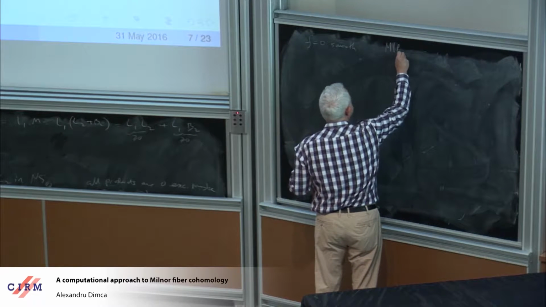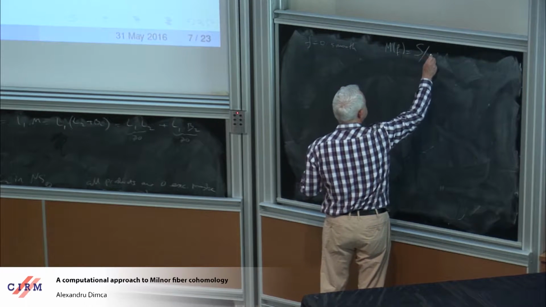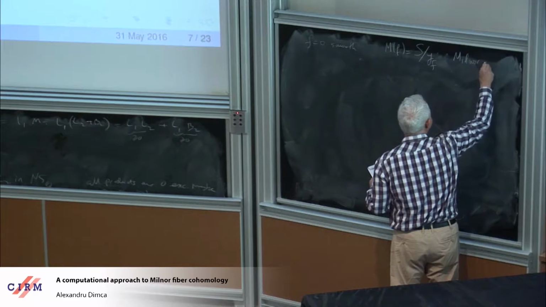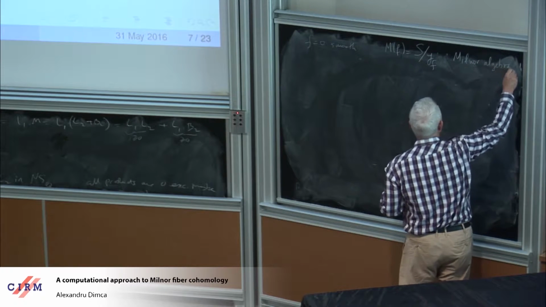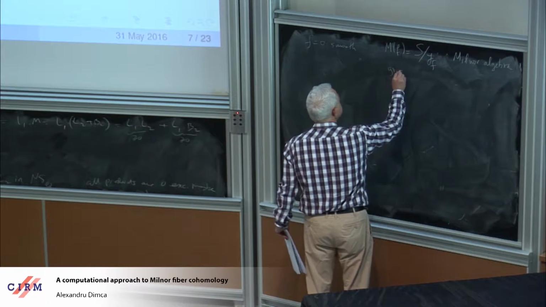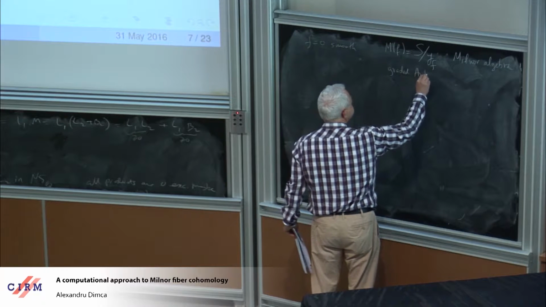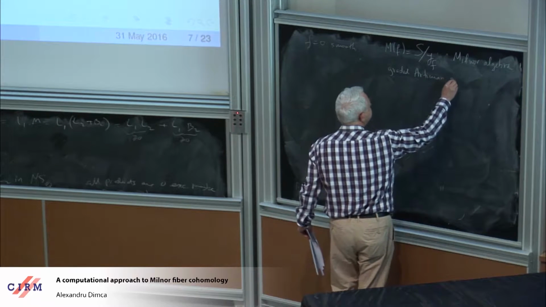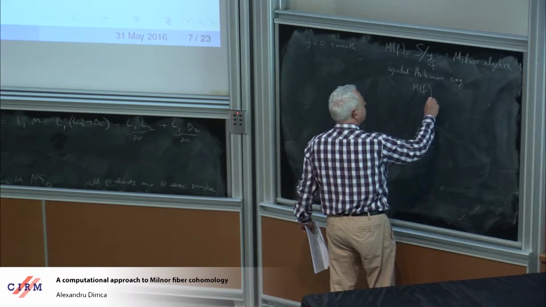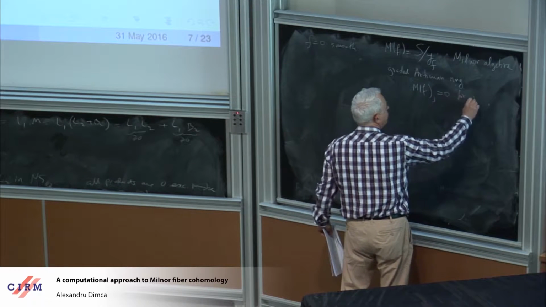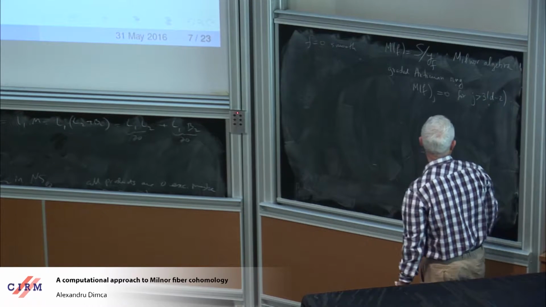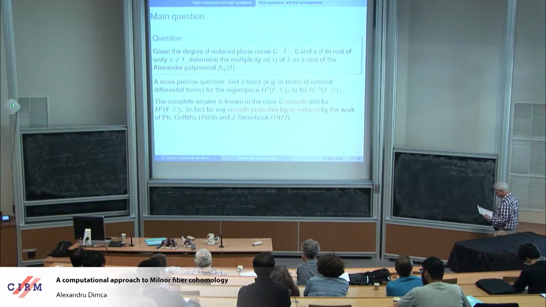I look at a quotient of the polynomial ring by the Jacobian ideal. And I call this the Milnor algebra of F. And then this is a graded Artinian ring such that the components are trivial for j bigger than 3d minus 3 times d minus 2.